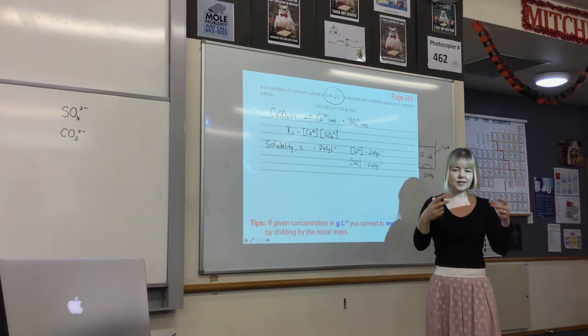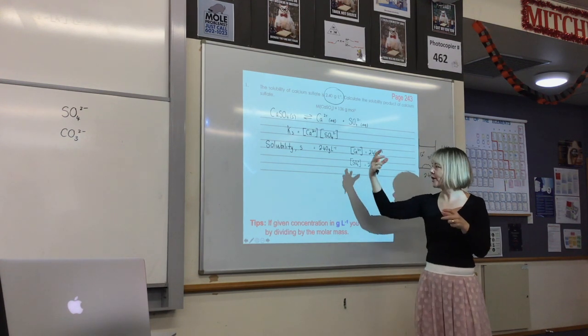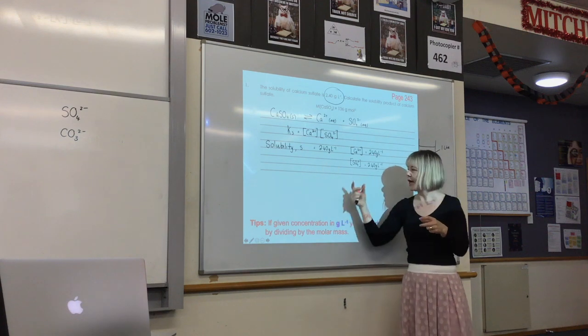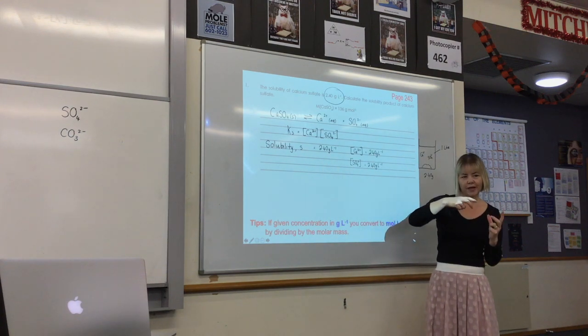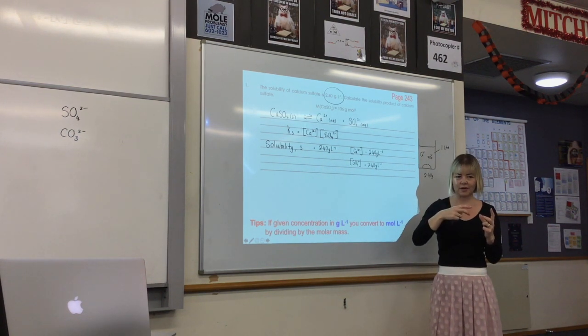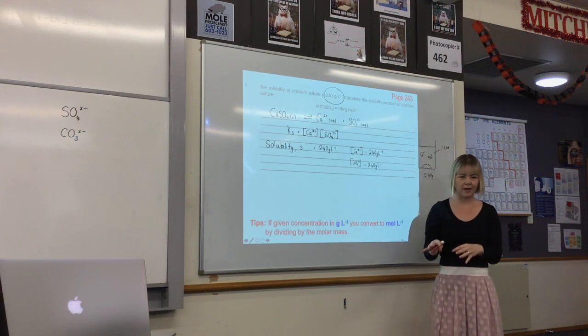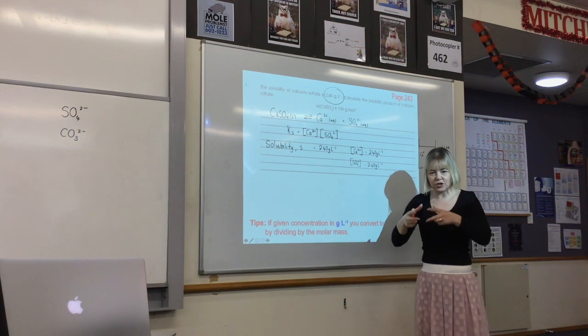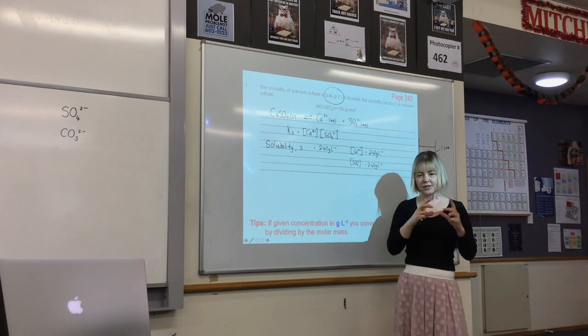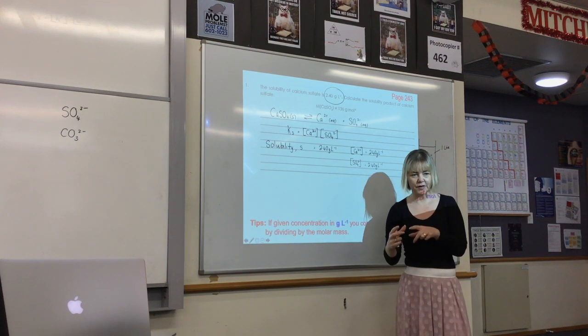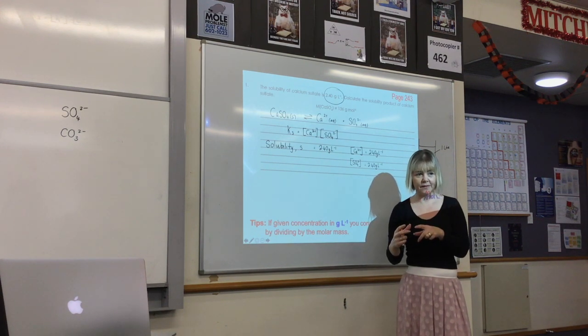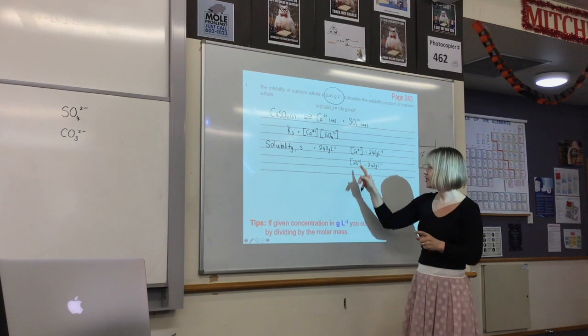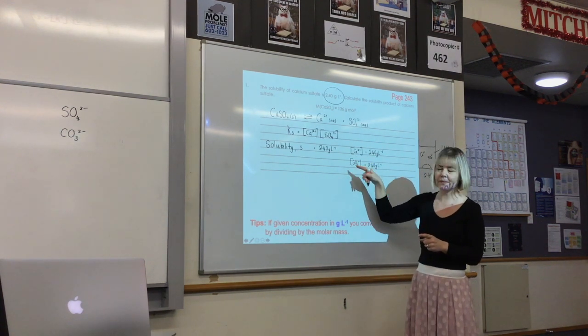Some students think that you'd get 1.2 grams of calcium and 1.2 grams of sulfate, but that's not what it is. That's going down the wrong path. So calcium sulfate dissolves, and it would give you the calciums and the sulfates. Following me so far? It's a 1-to-1 ratio, so their concentrations are the same.